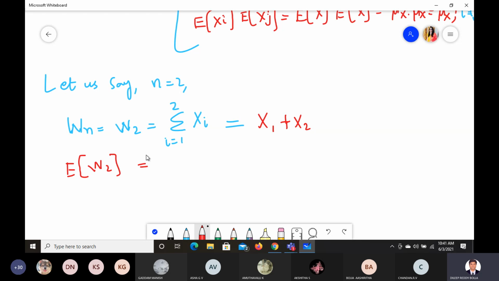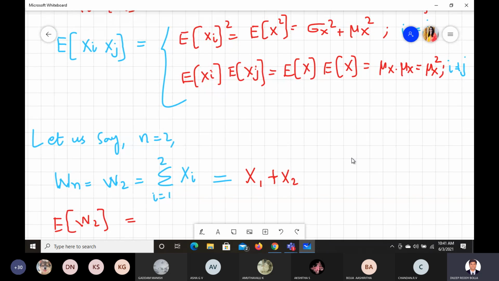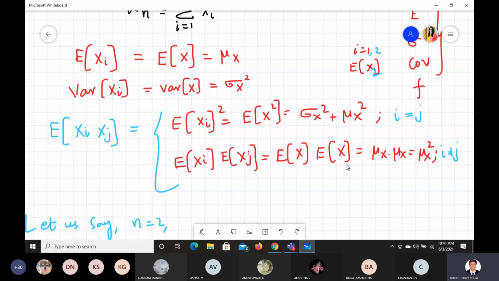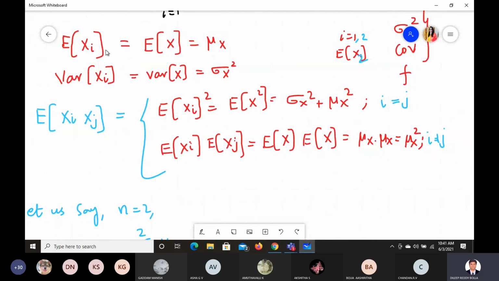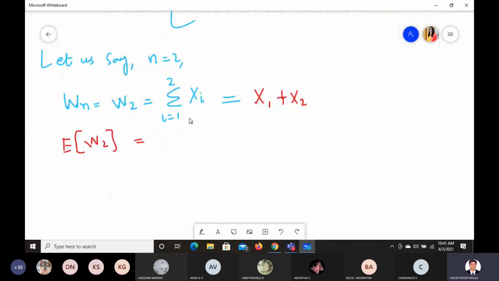What do we get from this expression? Look at this and tell me. For one of them, expectation of x, we are getting mu x. If that is 2, we have to add that, right? Very simple.